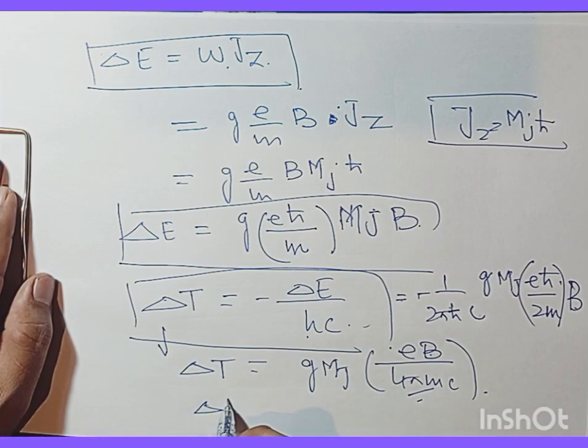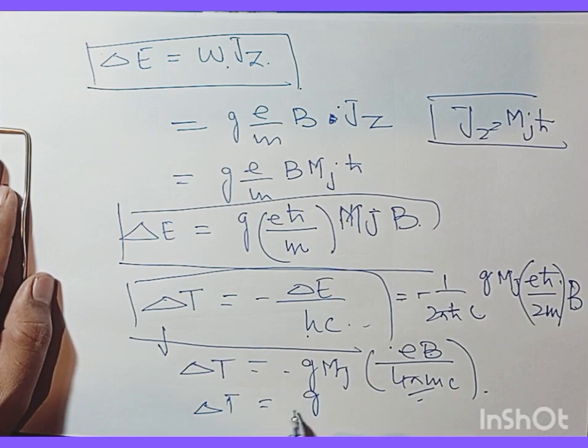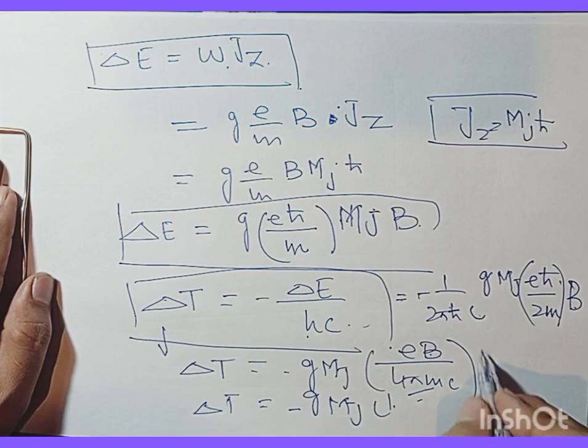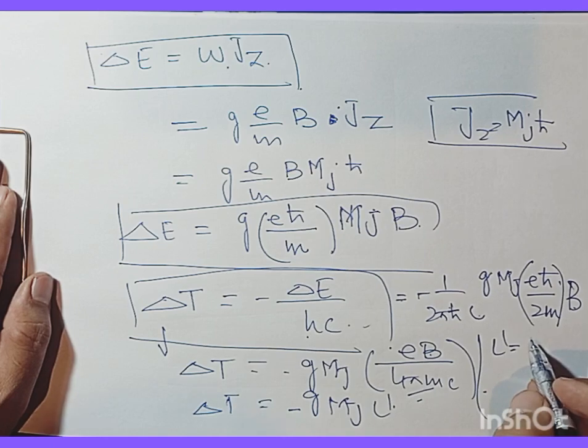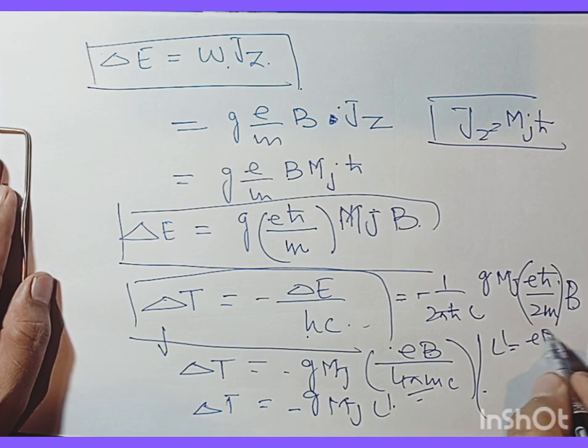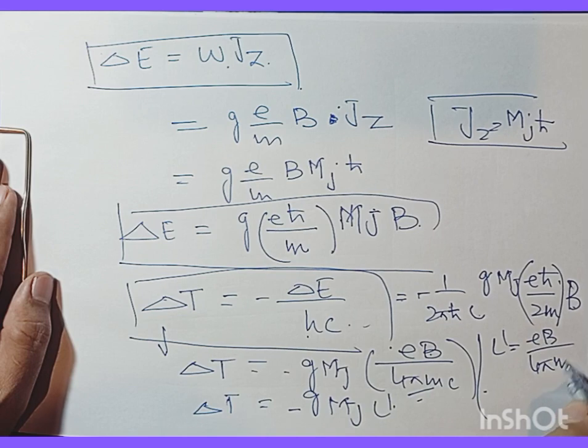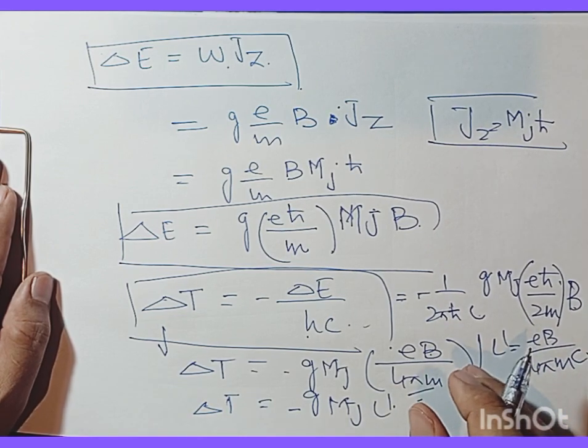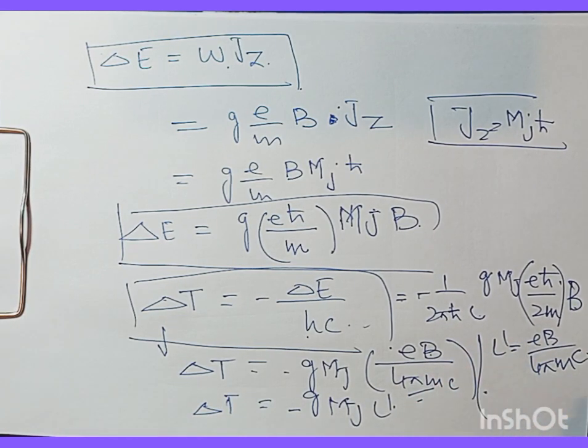So delta nu tilde is minus g m_J L dash, where L dash is nothing but the Lorentz unit, eB by 4 pi mc. This is the required expression that gives us the shift in wave number in the present situation.